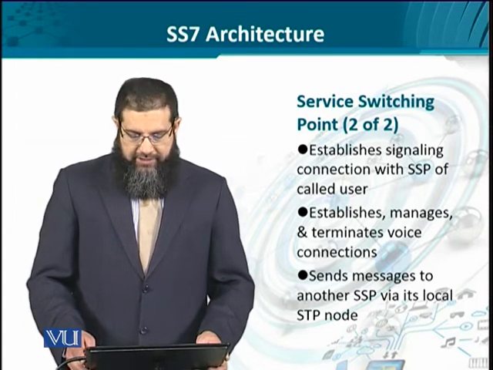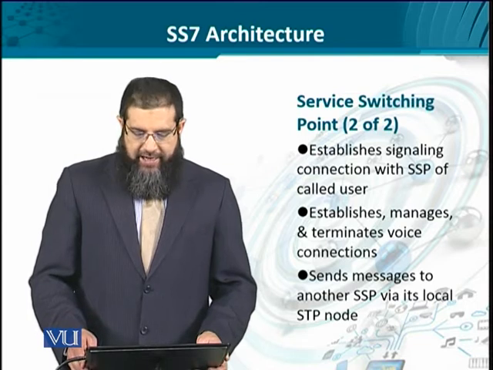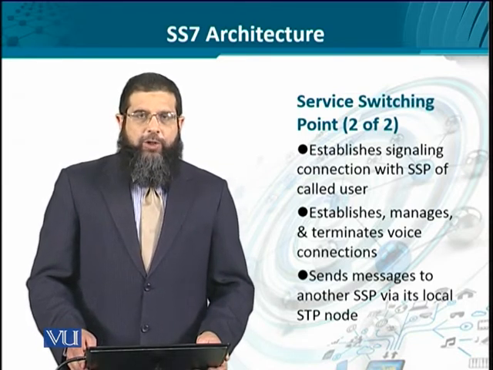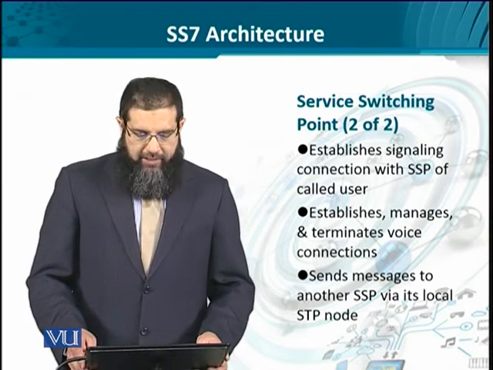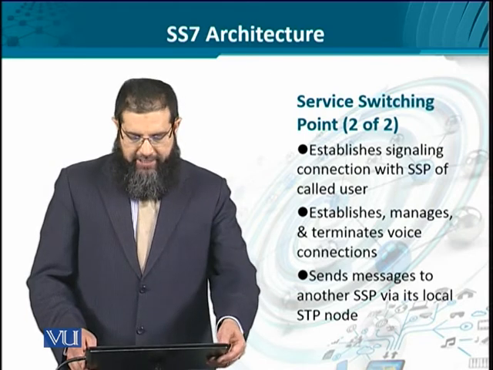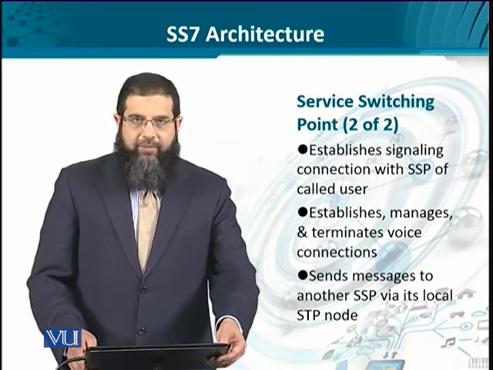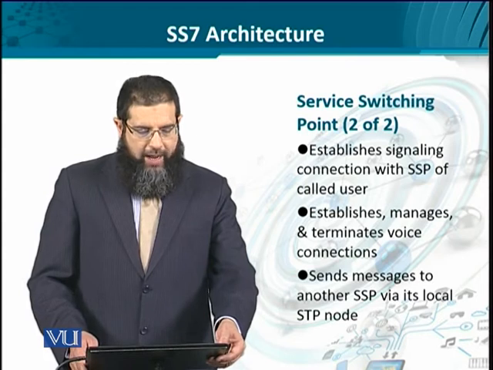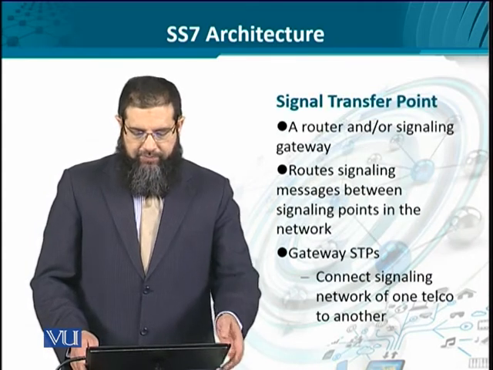It is also interesting that these SSPs cannot communicate with each other directly, but need the support of another entity, that is the STP, as we shall shortly see, to have connectivity with each other.